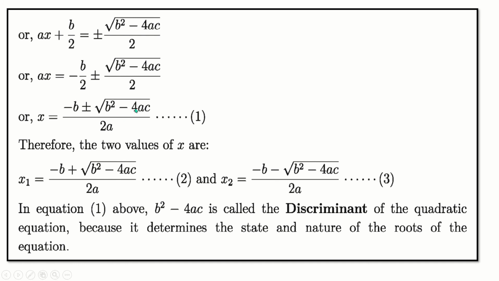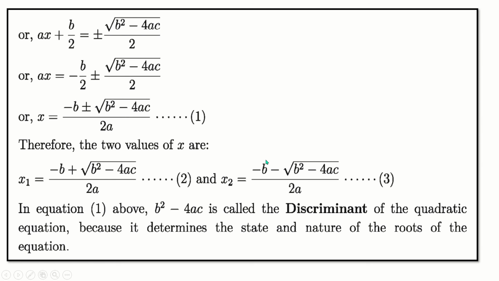That means b square minus 4ac is the discriminant of this equation. That means the inside part of the square root, the inside part of the square root, that is the discriminant. You have to remember. And this determines the state and nature of the roots of this equation.